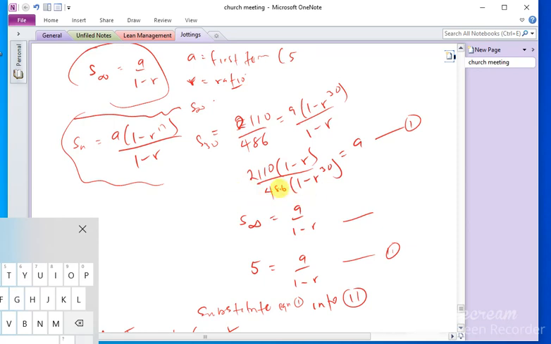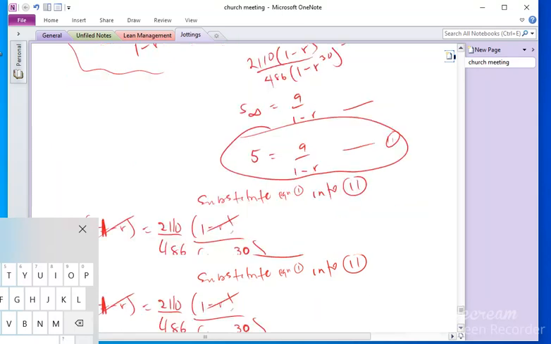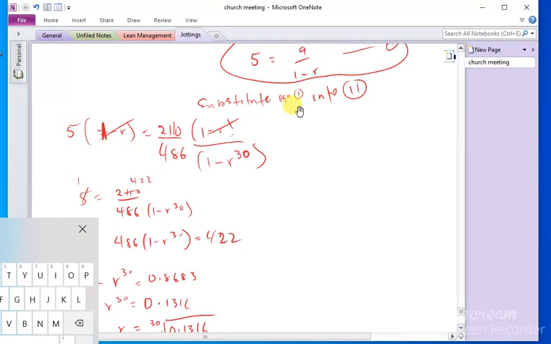So the sum of the first 30 terms is given by equation 1, and the sum to infinity is given by equation 2. We can substitute equation 1 into equation 2. So we have 5 times 1 minus r to the power 30 equals 2110 over 486.